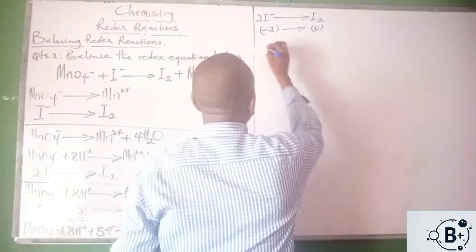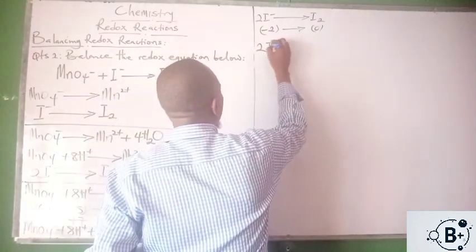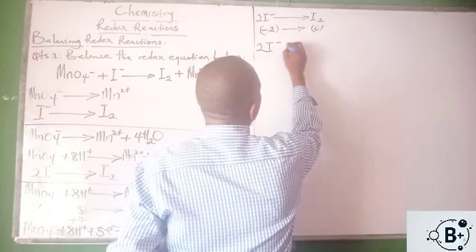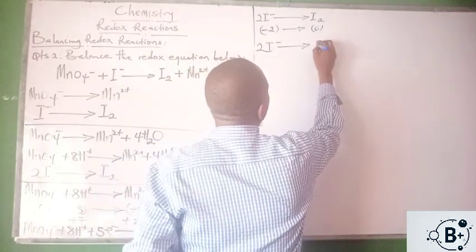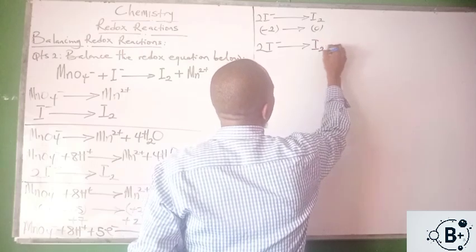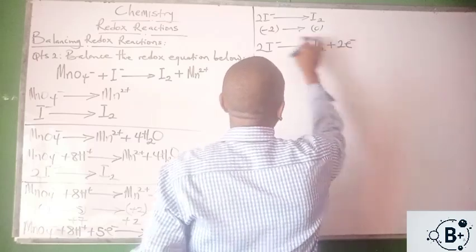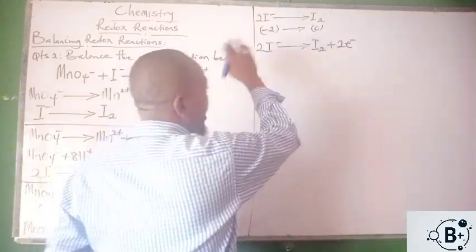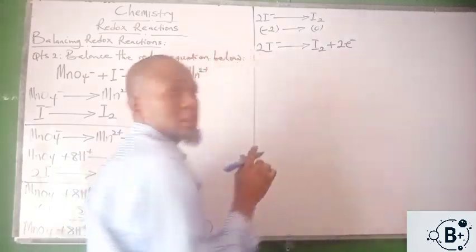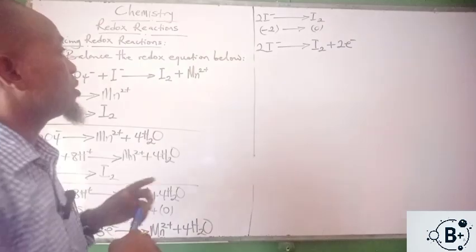So we say 2I minus gives I2 plus 2e minus. So each of them is now having minus 2. This is how it is written. So this one is done now.